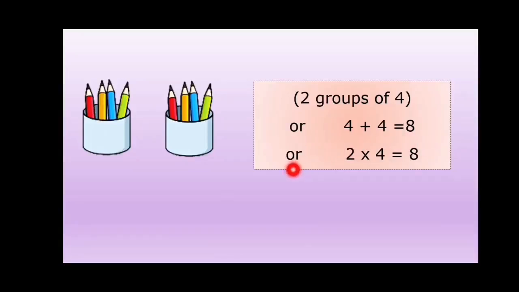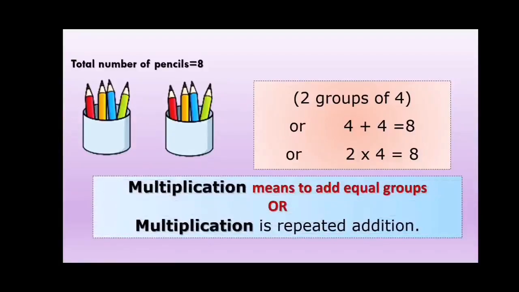Or we can write it as 2 times 4, which is equal to 8. So the total number of pencils is 8. Multiplication means to add equal groups, or multiplication is repeated addition.